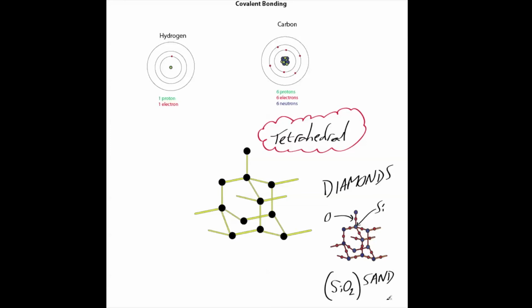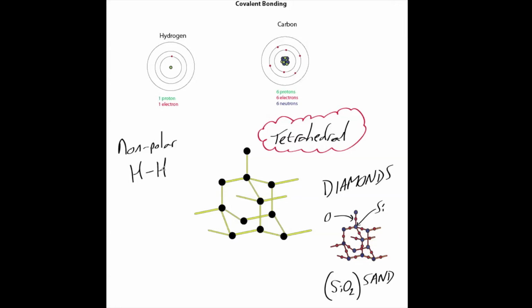So that's a basic introduction to covalent bonding. It's an extreme of ionic bonding, so the electrons aren't fully captured, they're shared. But you can have non-polar bonding, and these would usually be what we call homoatomic diatomic molecules like hydrogen.